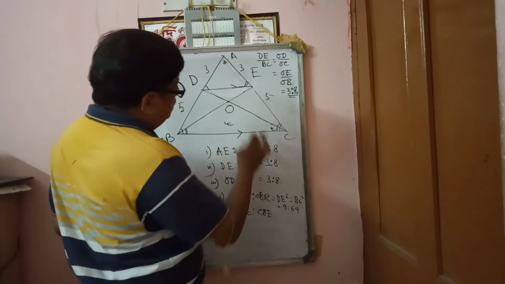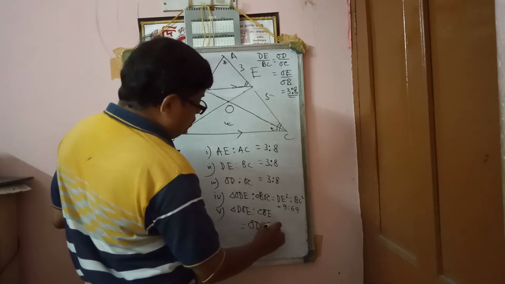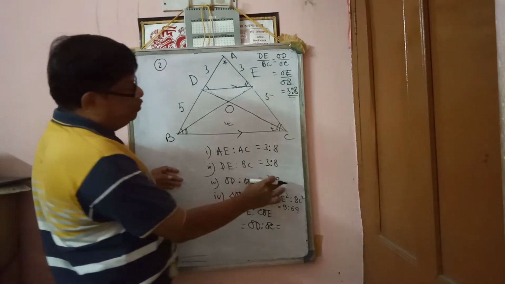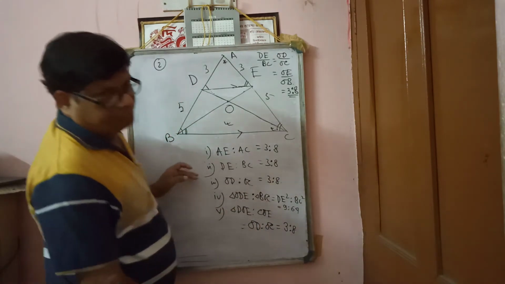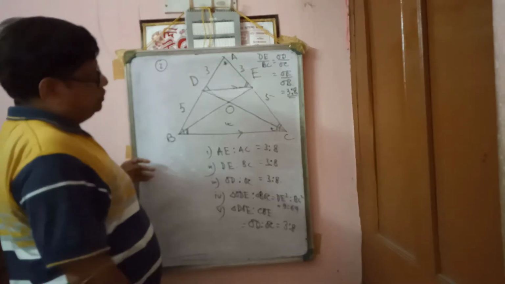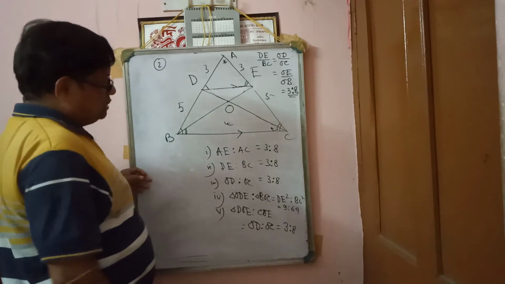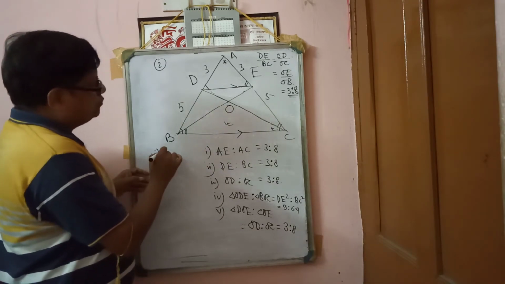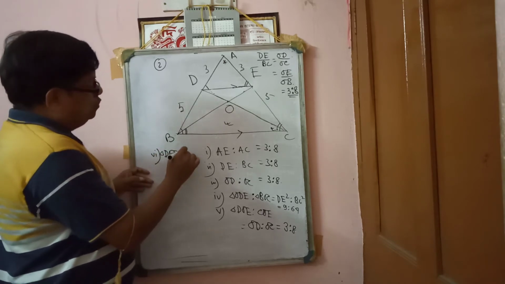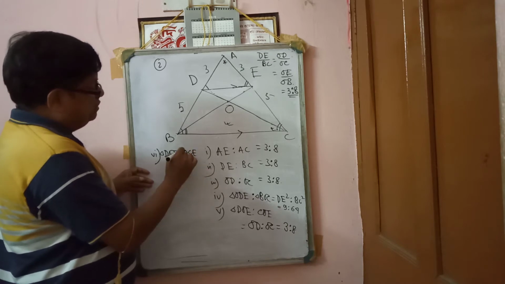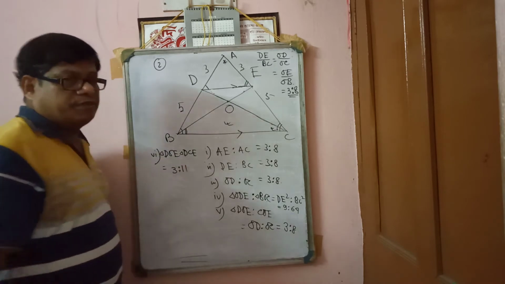So DOE to COE you can write as OD is to OC. You know OD is to OC is 3 is to 8. Suppose we consider the whole triangle, number 6 I am writing, DOE is to DCE, then it will be 3 is to 11.